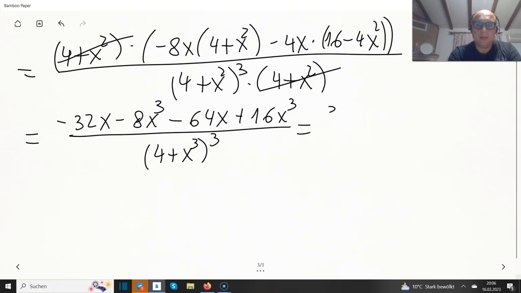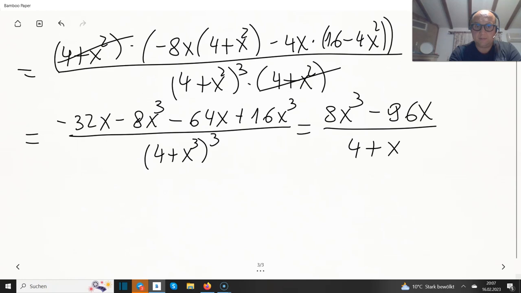So what are we getting? We're getting 8x cubed, as you can see, and minus 96x divided over 4 plus x squared. Was it squared? I think it was squared, right? Things are mysteriously changing during the solution. Cubed. All right. So this is the second derivative.